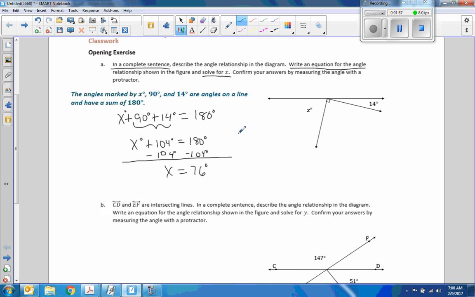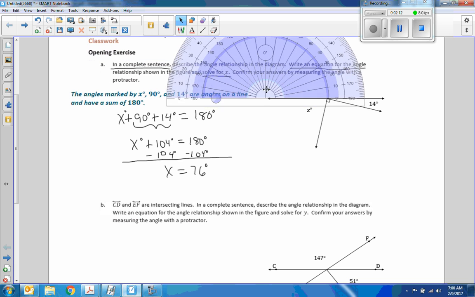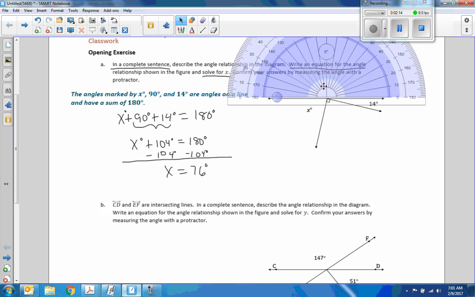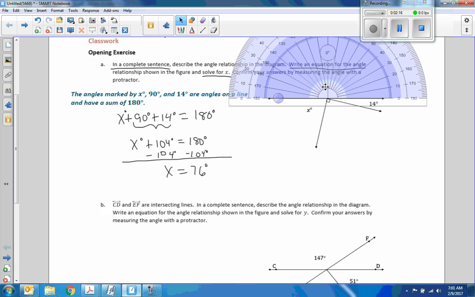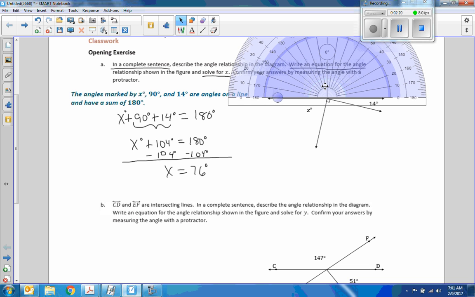I solved for x. Now it says confirm your answer by measuring the angle with the protractor. So now I'm going to get my protractor. Okay. I'm going to bring it down here. Set it right at what's called the vertex, best I can. A little tricky with this software.